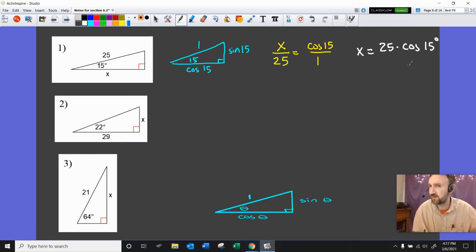And I'm not even going to write divided by 1. Then I could type that into a calculator. I could even open another tab on my browser and type in 25 times cosine and then put the 15 in parentheses. I'm willing to bet that it's going to return a value for you. And I got 24.1.